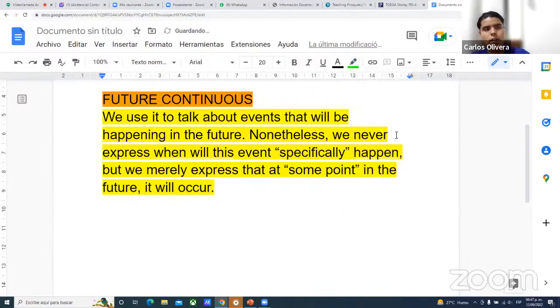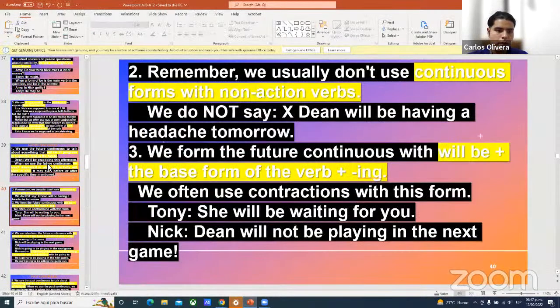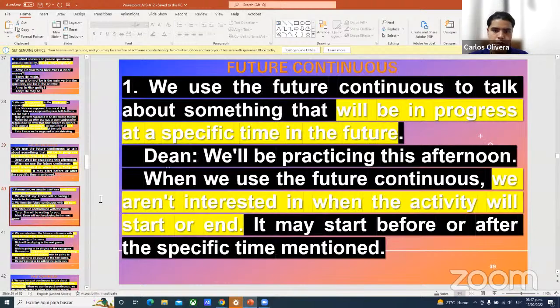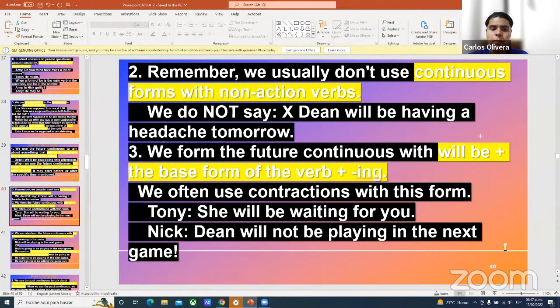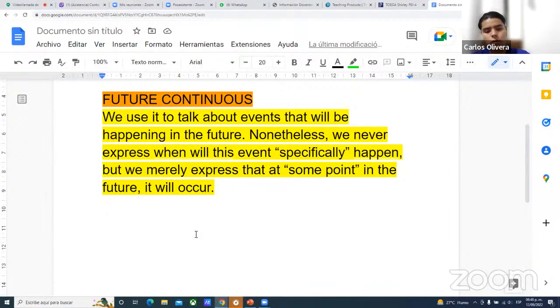Let's remind ourselves of the structure proposed here. Will be plus the base form of the verb plus gerund. Will plus the base form of the verb.